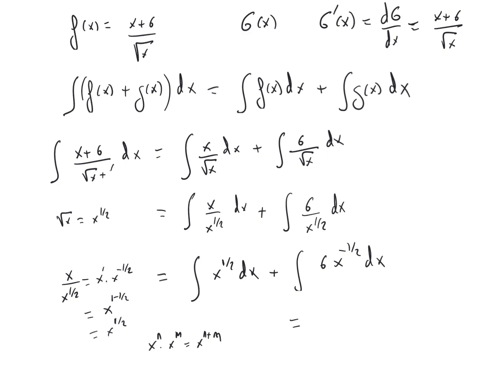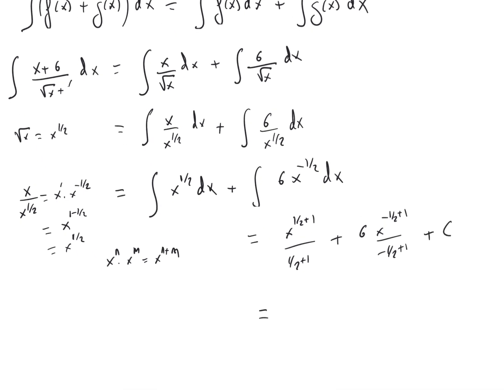Now I can apply the power rule. The antiderivative of x to the 1/2 is x to the 1/2 plus 1 divided by 1/2 plus 1, plus the antiderivative of x to the minus 1/2, which is x to the minus 1/2 plus 1 divided by minus 1/2 plus 1, plus C. So it will be x to the 3/2 divided by 3/2, which is 2/3, plus 6 times x to the 1/2 divided by 1/2, so the 2 will go up.